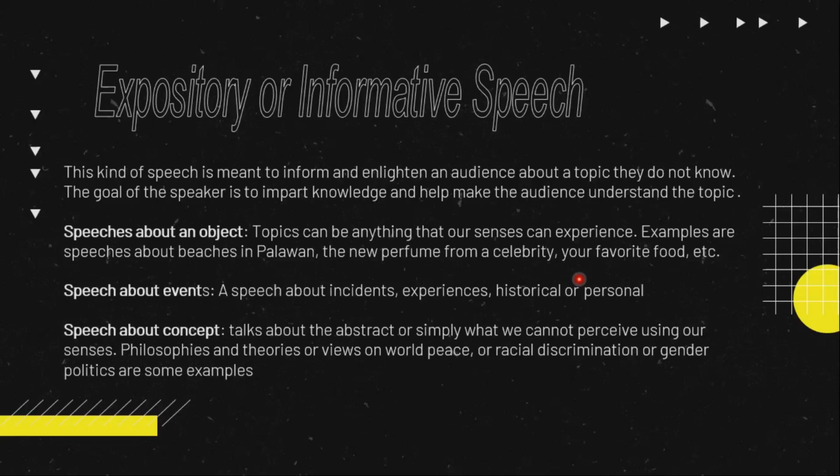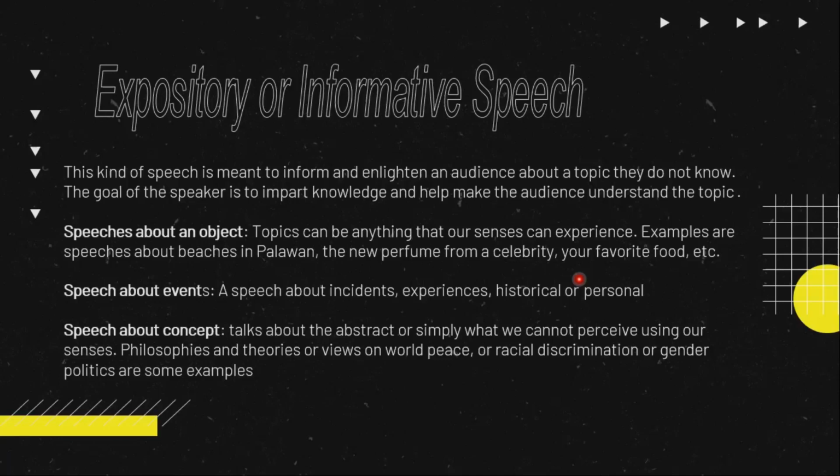Another type of expository or informative speech is the speech about process. What is that? A speech about process focuses on how something is done, like a system. For example, a speech about how to make a pasta, or how to play volleyball or basketball.